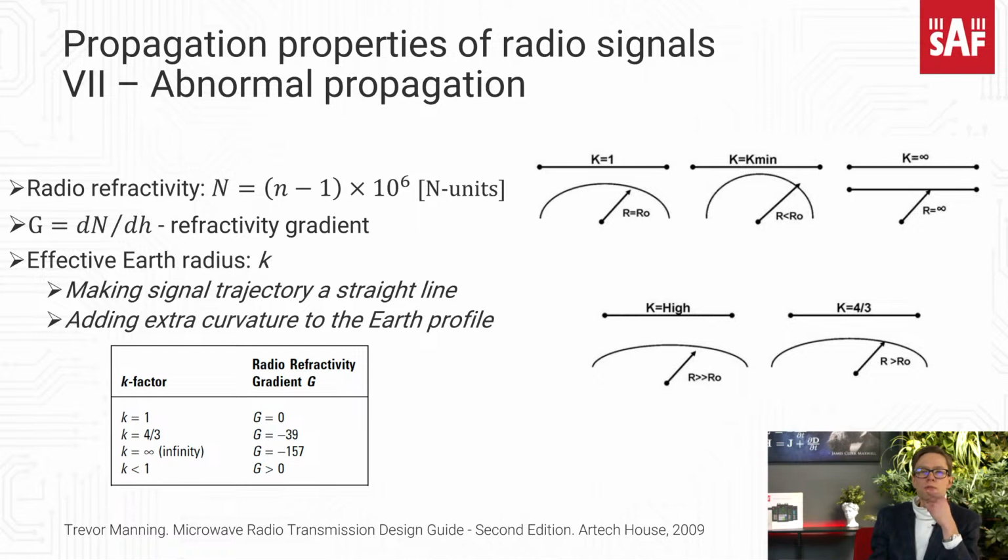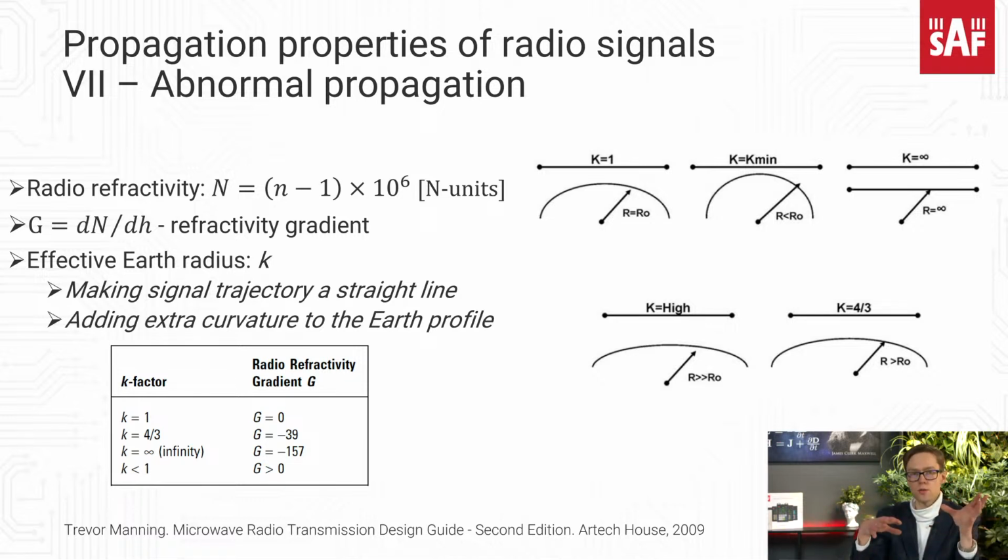So this notion is quite difficult and complicated, but I try to explain it as simple as possible. And if you are involved in the link planning, of course you are going to stumble upon this K factor very often. Even in the conversation between different link planning engineers, they are going to refer to the high K factor, low K factor, which correspond to abnormal propagation conditions, and they are going to refer to some particular atmospheric conditions which result in signal trajectory change.